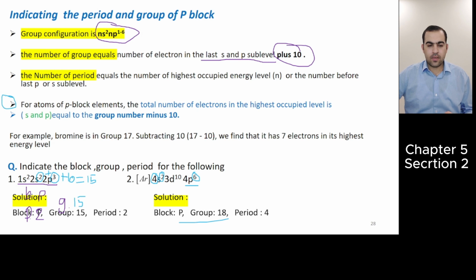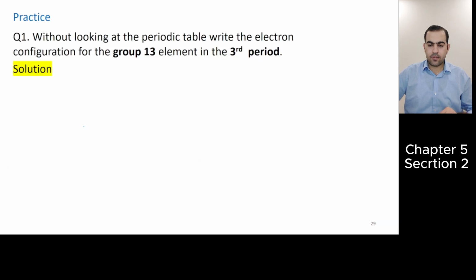Next slide. So if I give group and period, how do you know electrons in last s, last p? It equals group number minus 10. Look, the group and the period are given. Write the electron configuration. This is group 13, third period.